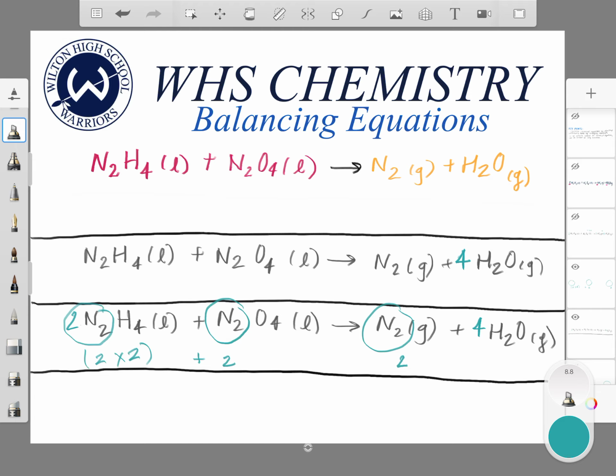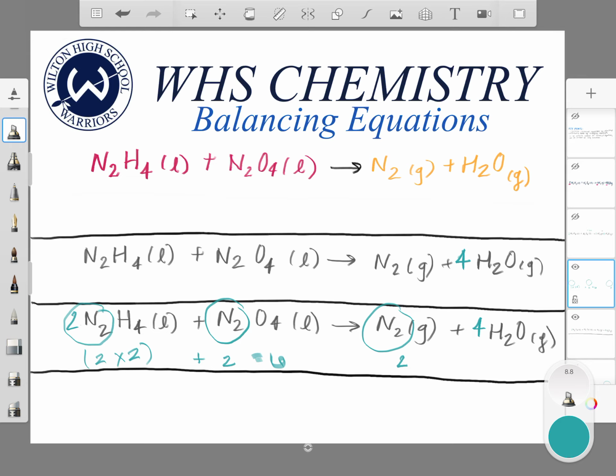And then in the next compound, we have 2 nitrogen, so we do 2 times 2 plus 2. And that is going to get us 6. And then we have 2 nitrogens on the product side as indicated by the subscript.